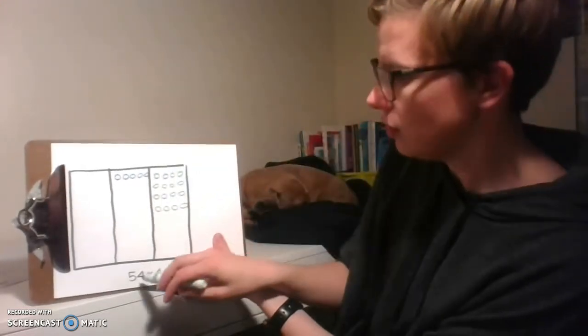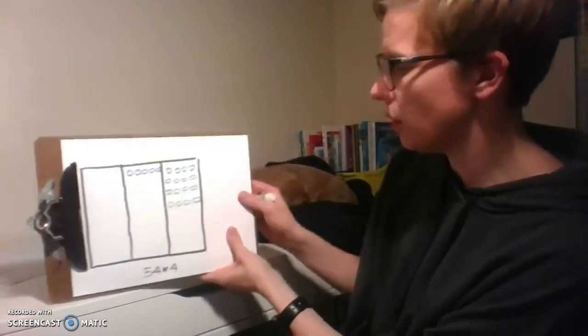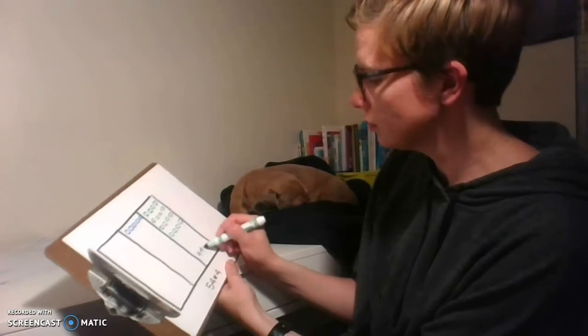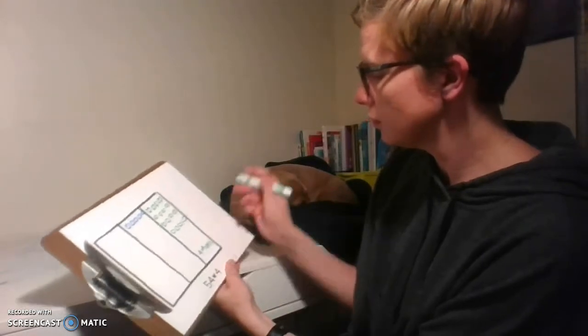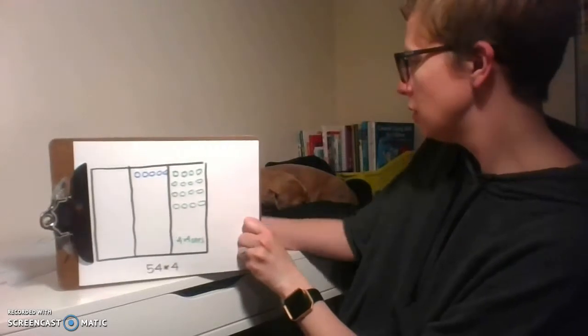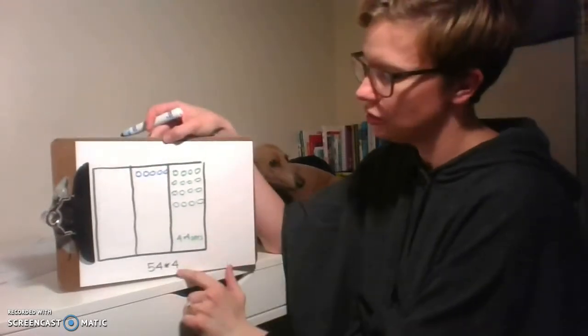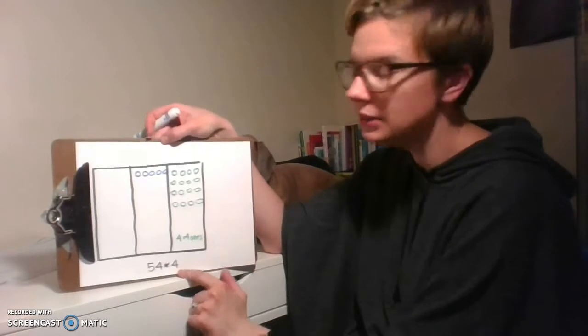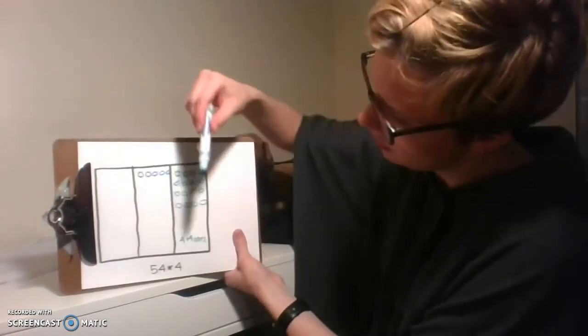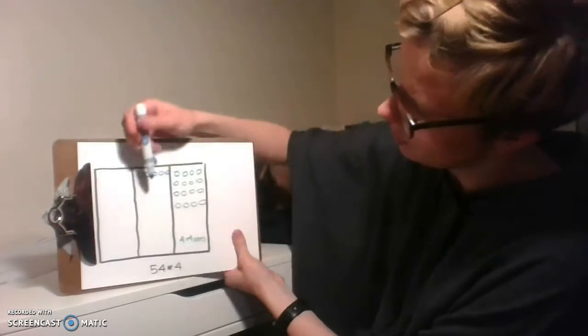Okay, so I have 4 times 4 ones. And I'm going to go ahead and do my array for my tens. I have 5 tens. Doing that 4 times.